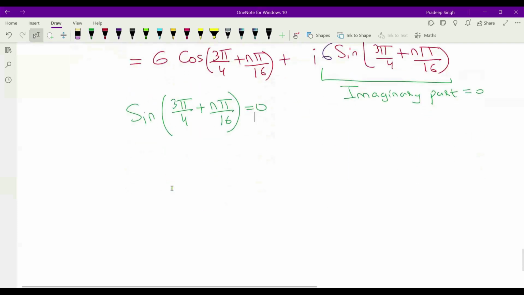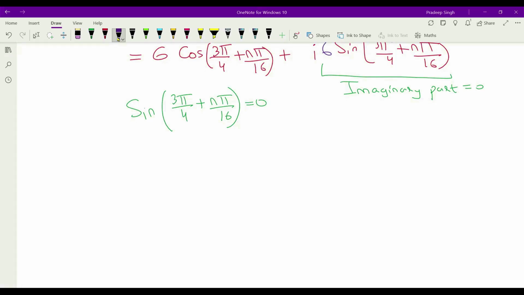You can either solve this manually or use the calculator. Let's use the calculator. If you put the sine of the entire expression equal to 0, we will get different values of n. The values of n which we will get are n equal to 4, 20, 32, and so on.